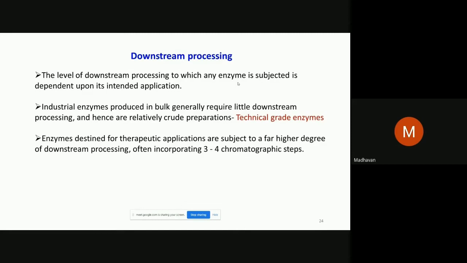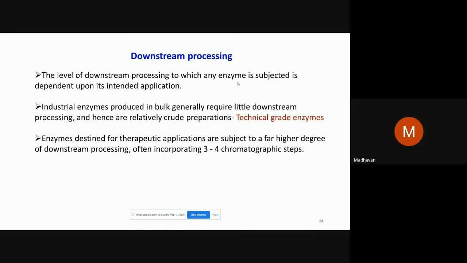So most of these enzymes, like in the pulp industry, textiles, or some of the feed enzymes, need only partially purified enzymes. They are called technical grade enzymes, which is enough. But if you are looking for glutaminase, asparaginase, or therapeutic aminopeptidases, you need high purity of the enzyme.